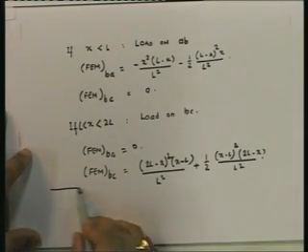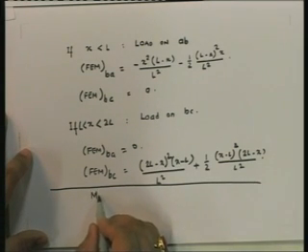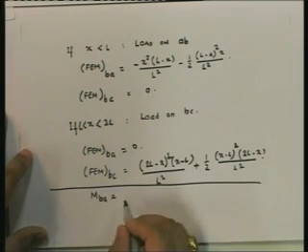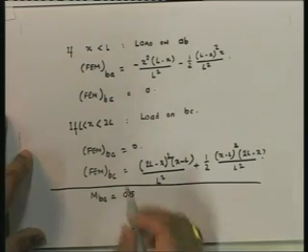And finally, we also know that the bending moment at BA is equal to 0.5.